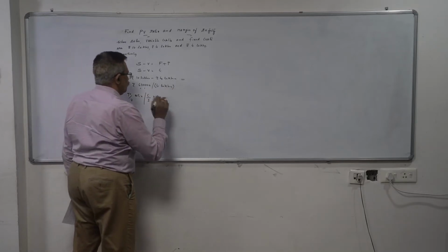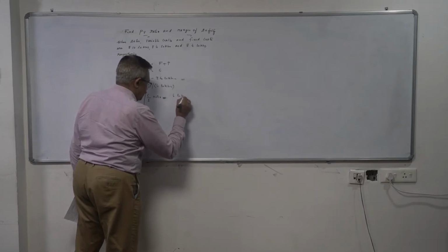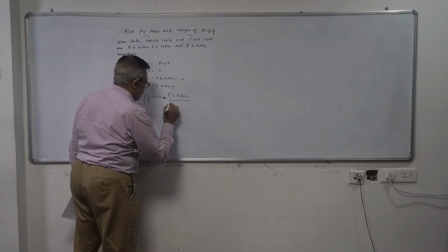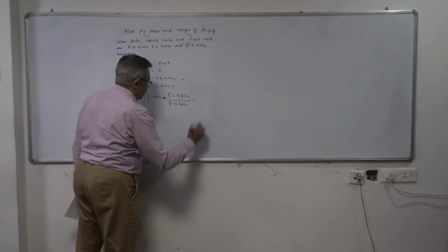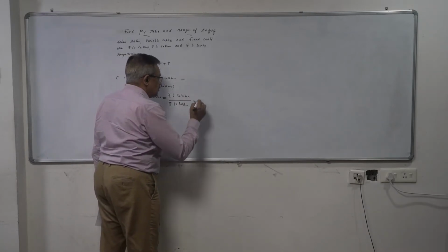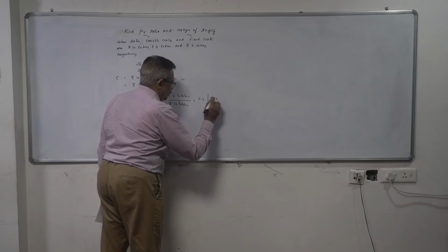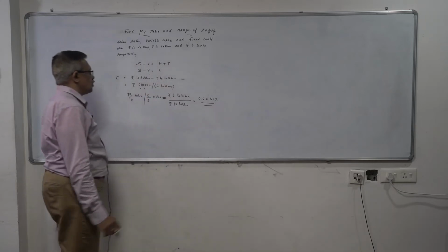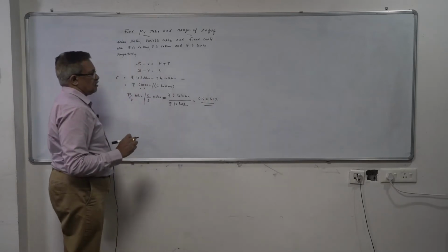The contribution, we got it as 6 lakhs. And sales is given as 10 lakhs. So 6 by 10 is nothing but 60%, or 0.6. So the PV ratio or the C by S ratio, we got it as 0.6 or 60%.